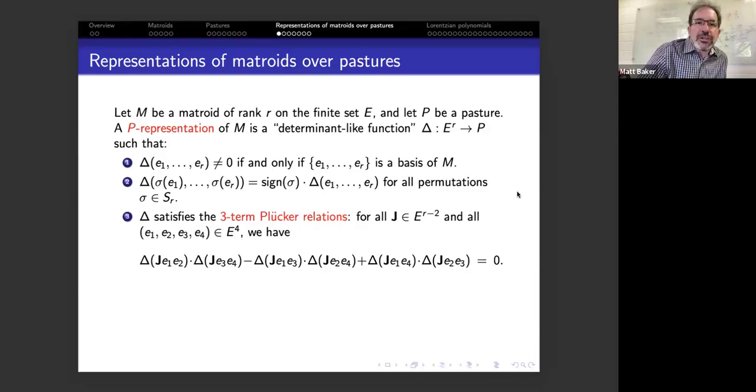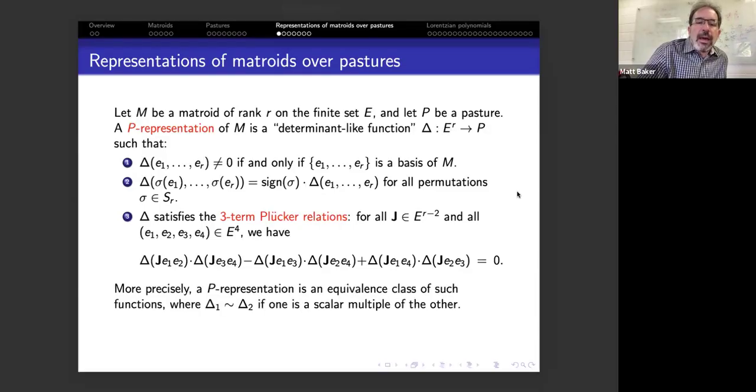So that's what a representation is now. And actually, I just lied. A representation is actually an equivalence class of such functions. This is because if you remember, we were looking at the Plücker equations in projective space, not affine space. So we need to identify determinant-like functions that are scalar multiples of each other.